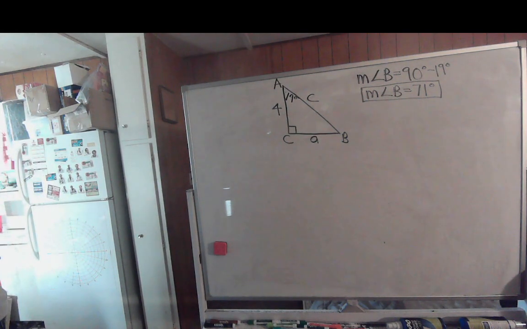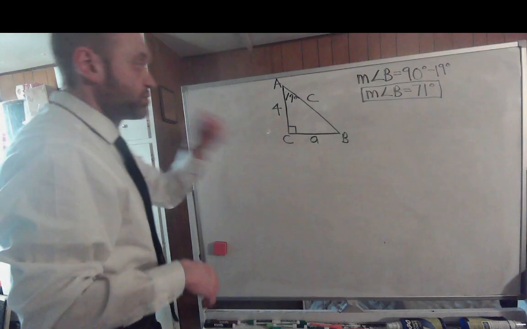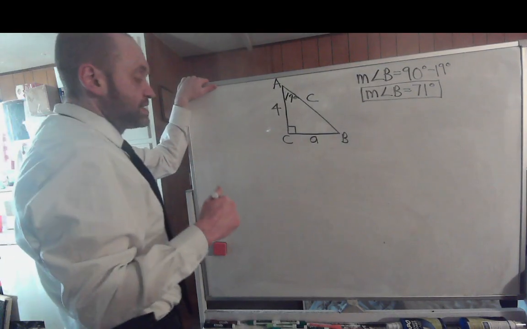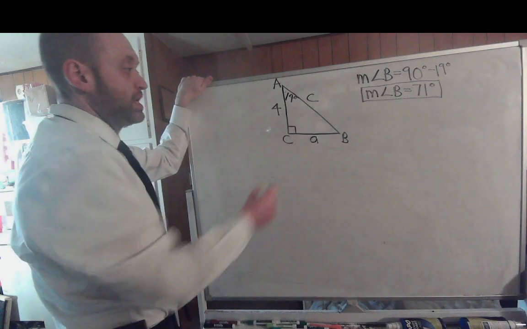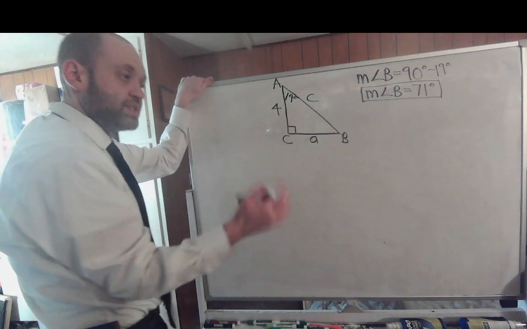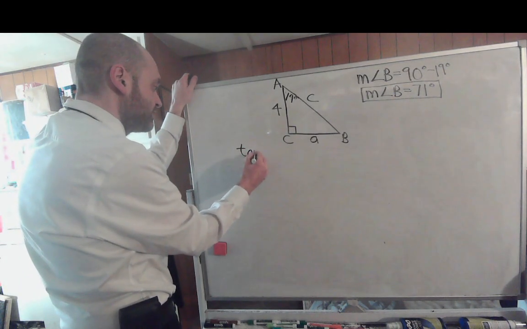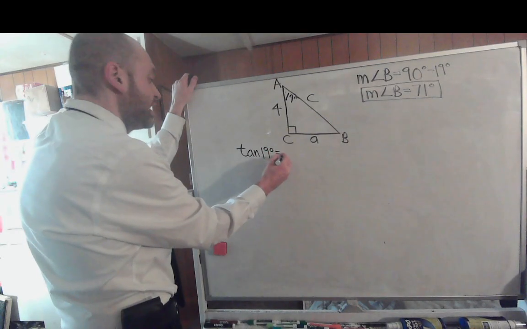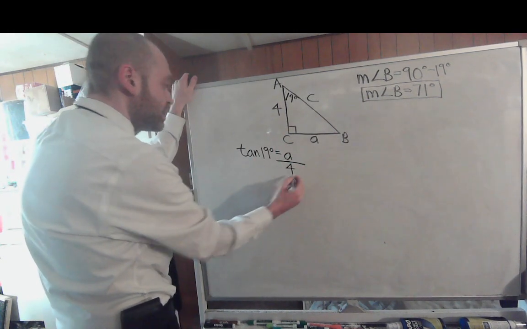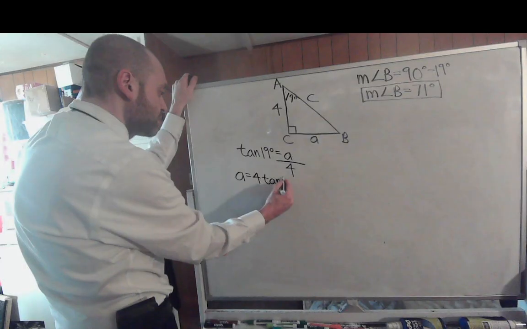Alright, so we got angle B. Now let's go for side A. Let's work in alphabetical order. Well, is there a relationship between the opposite and the adjacent side, since those are the sides we're working with? Opposite over adjacent, that's the tangent function, right? So if we take the tangent of 19 degrees, that would be equal to your opposite side A over your adjacent side of 4, which means A would equal 4 times the tangent of 19 degrees.